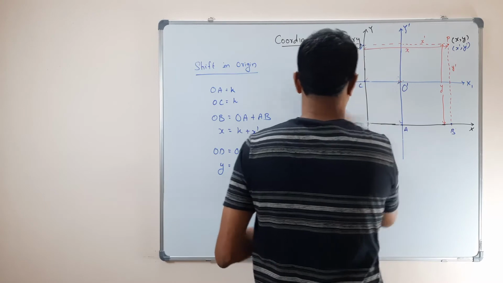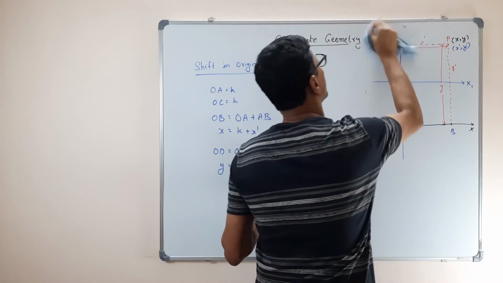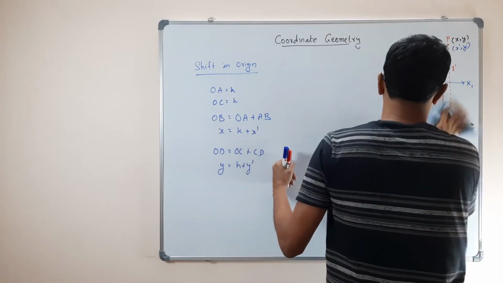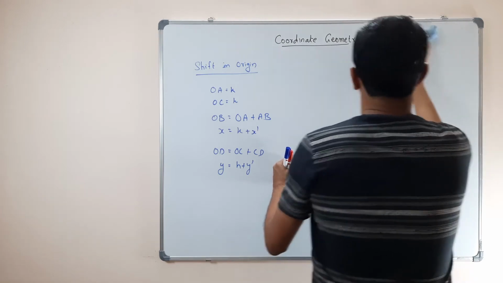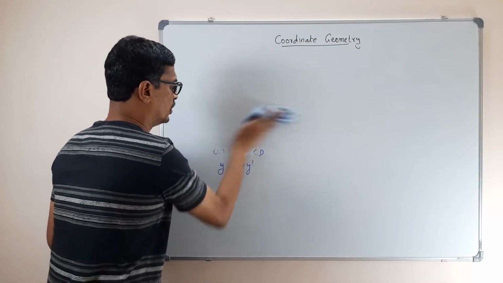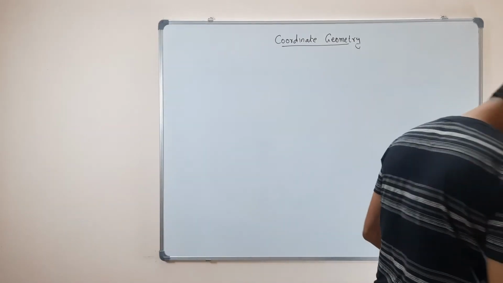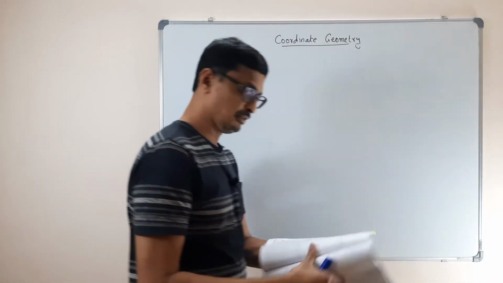Let us do some problems, both in locus and shift in origin. I will do 2-3 problems. I will do all the simple problems and you can do your tough problems, right?